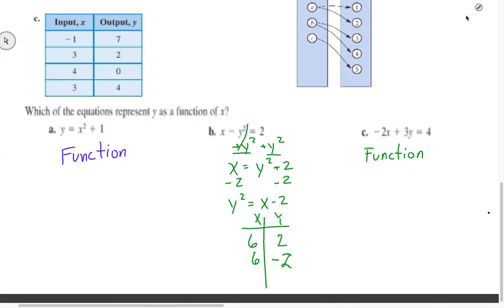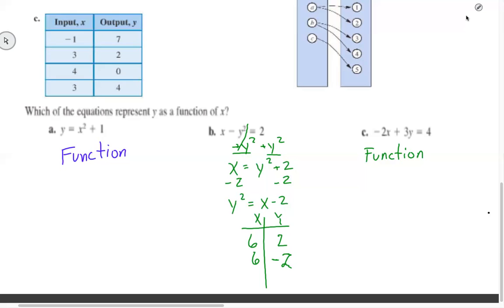Okay. So Abby, here's the thing with this one. When you do stuff to the y, that's going to make it kind of not a function. That's a telltale sign. Nobody messes with the y. You don't mess with the y.